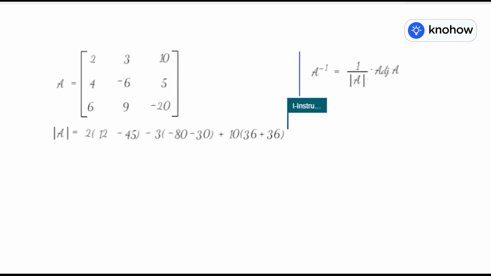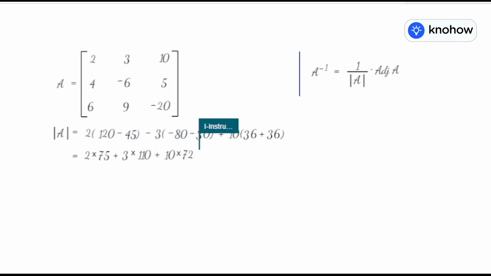So you get 2 into 120 minus 45, please make the correction. So you have 2 into 75 and minus, you take common, so it will be 3 into 110, and plus 10 into 72.